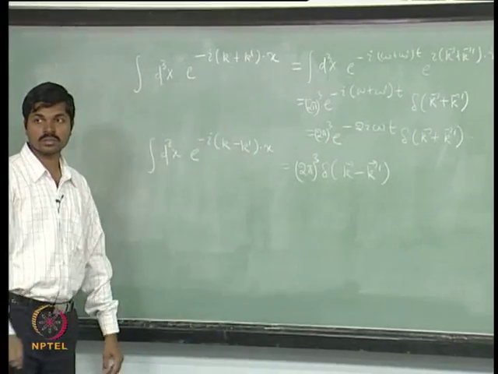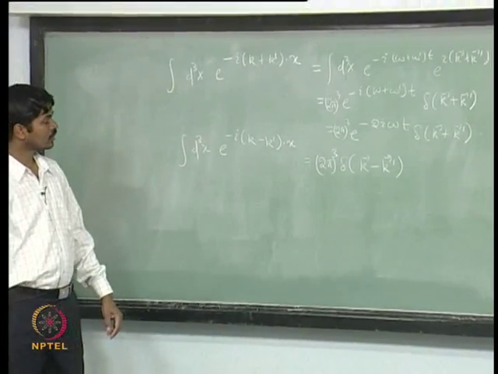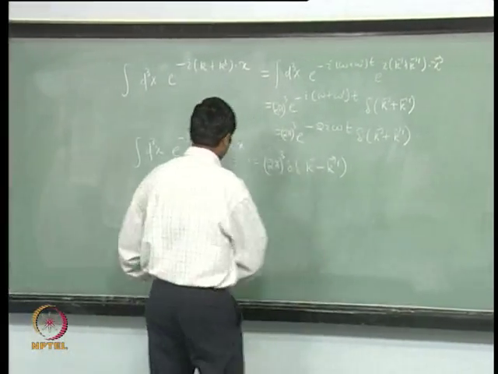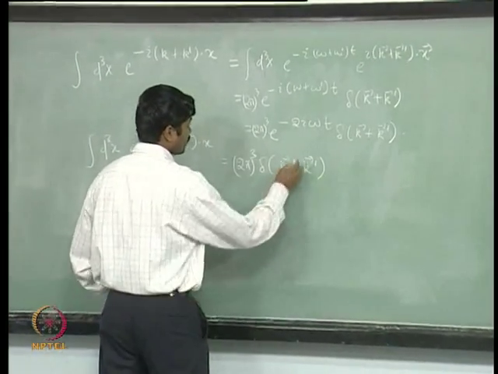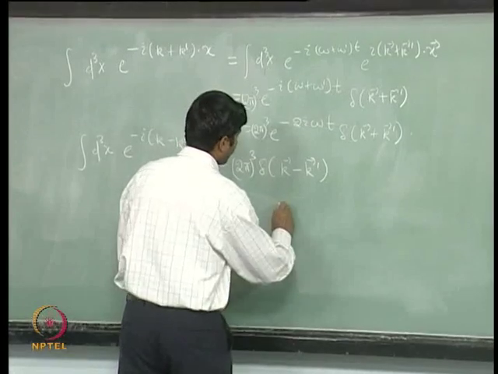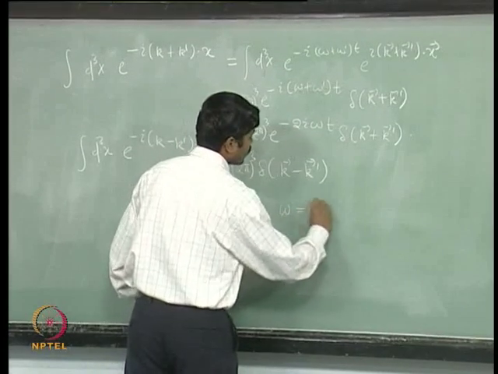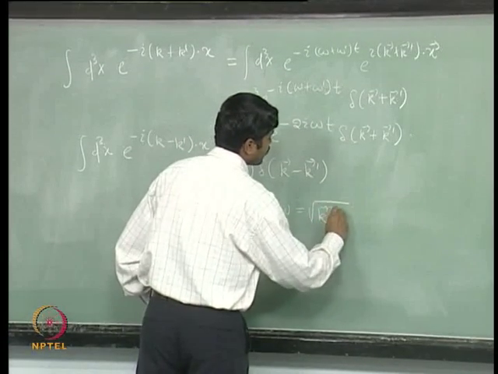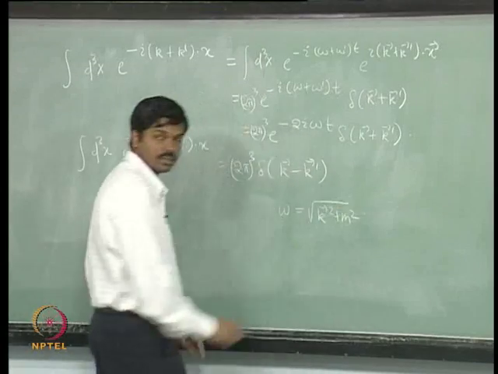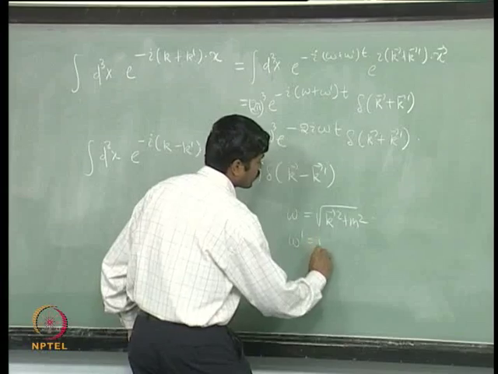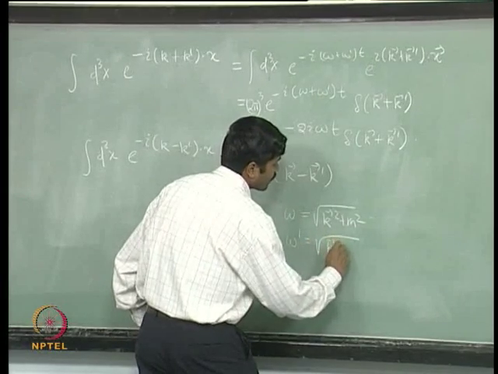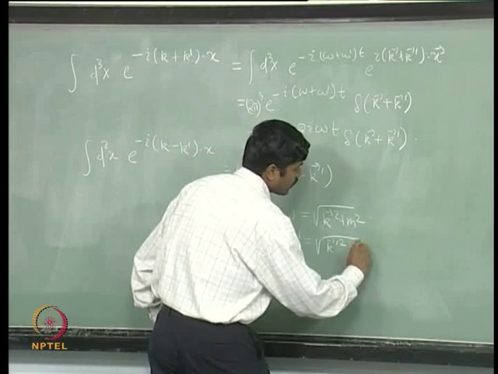Can you just explain again how omega plus omega prime became 2 omega? You simply use delta of, you know what omega is, right? Omega is simply square root of k square plus m square. Similarly, omega prime is square root of k prime square plus m square.